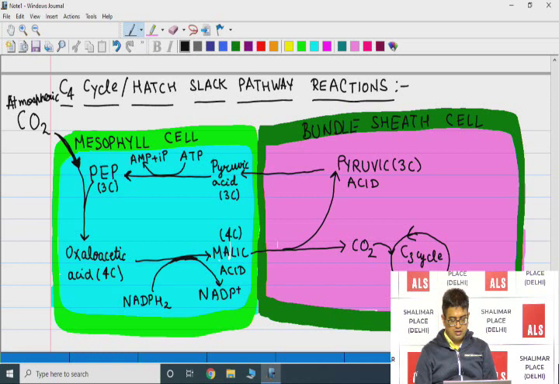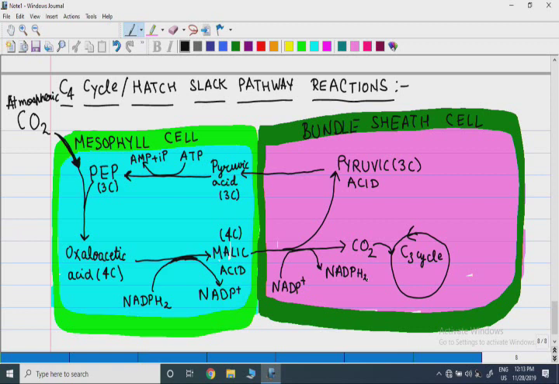There is one more thing that you must remember. When malic acid enters the bundle sheath cell and it gives off carbon dioxide, it can regenerate the NADPH2. NADP plus gives NADPH2.